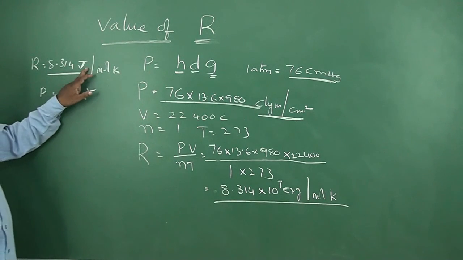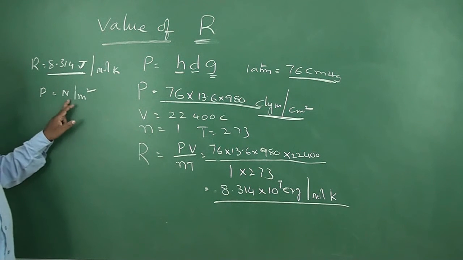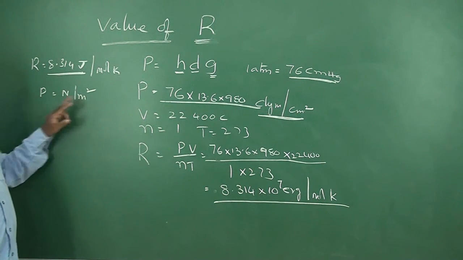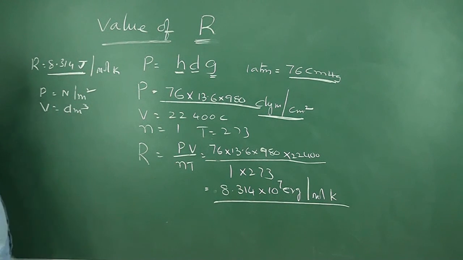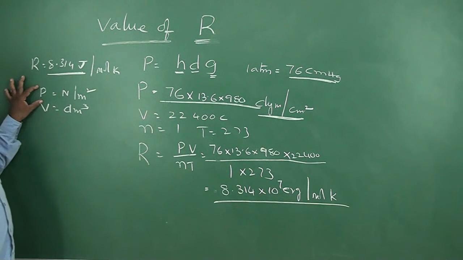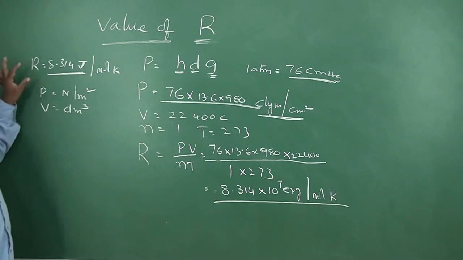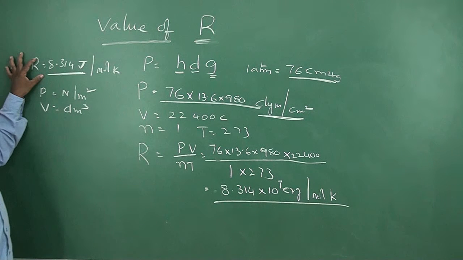But if you express R in joules, the pressure should be in newtons per square meter and volume should be in decimeter cube. Then the R value will be in joule per mole K.